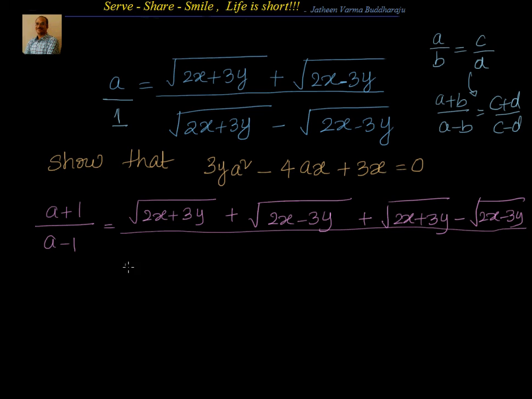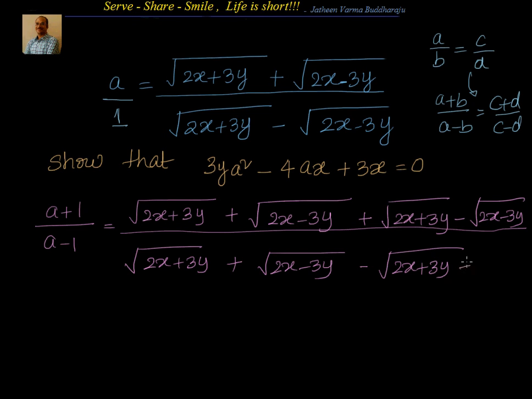Similarly, in the denominator we will have root of 2x plus 3y plus root of 2x minus 3y, then I have to do minus now, so this becomes minus root of 2x plus 3y, then minus of minus is plus root of 2x minus 3y.